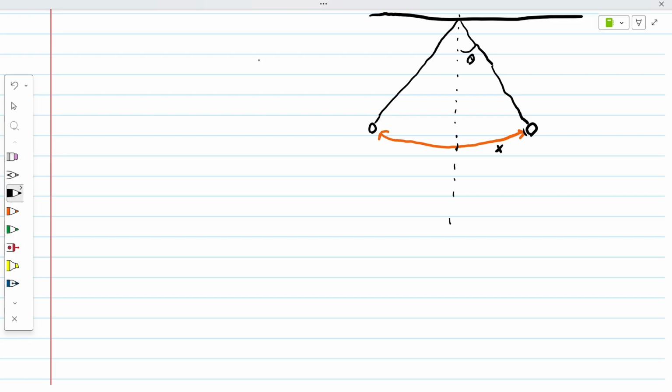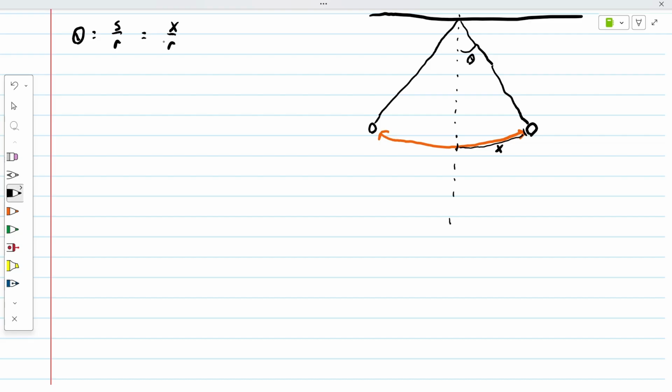And so we learned in circular motion, or rotational motion actually, that the angle is equal to this s over r, where s is the arc length. Well, this x right here is just this arc length. So we can say this equals x over r.